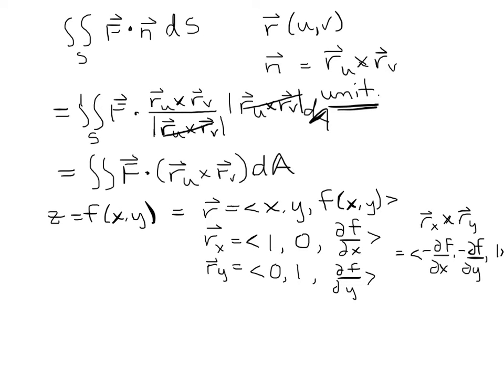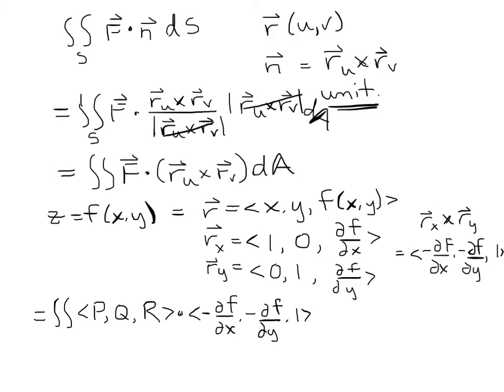Okay, so now we have the cross product. I am going to now apply this formula to it. So I am going to take the double integral. I'm going to write my vector field in terms of its three functions, P for the x component, Q for the y component, and R for the z component. And now I'm going to dot that with the cross product that I just found, negative partial of f with respect to x, negative partial of f with respect to y, and 1.